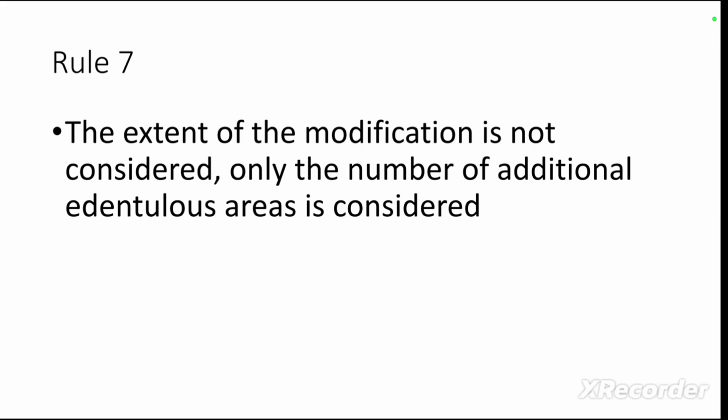Now coming to rule 7, the extent of modification is not considered. Only the number of additional edentulous areas is considered. That means the most posterior area will determine the classification, and after that, the anterior spaces, the number of edentulous areas, are the modifications. You should understand the number of edentulous areas is the modification.